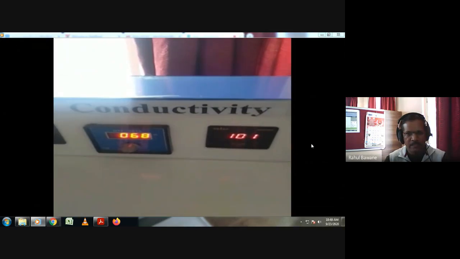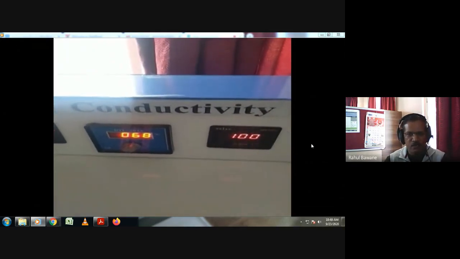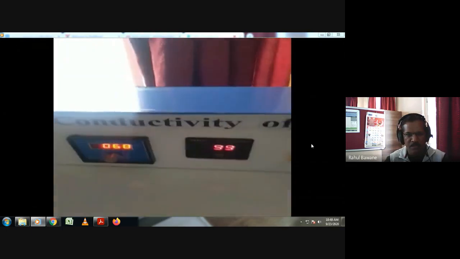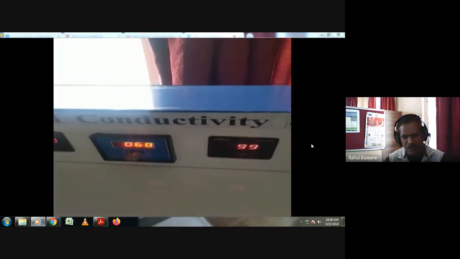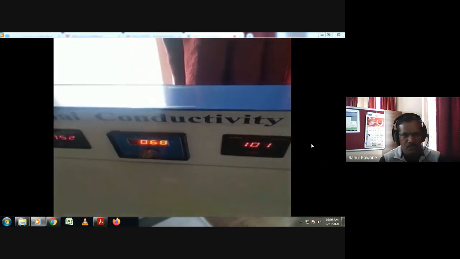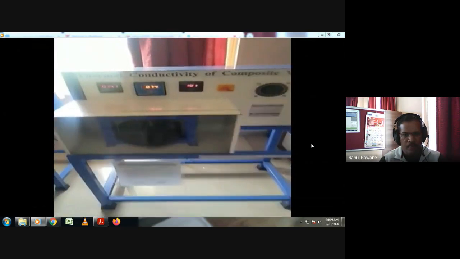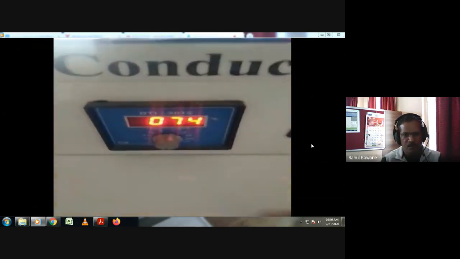As heat is generated, the voltmeter may deviate by plus or minus 1 digit, because thermal conductivity varies with temperature, so it affects the value of voltage. Now the third set, this time T1 is 74.